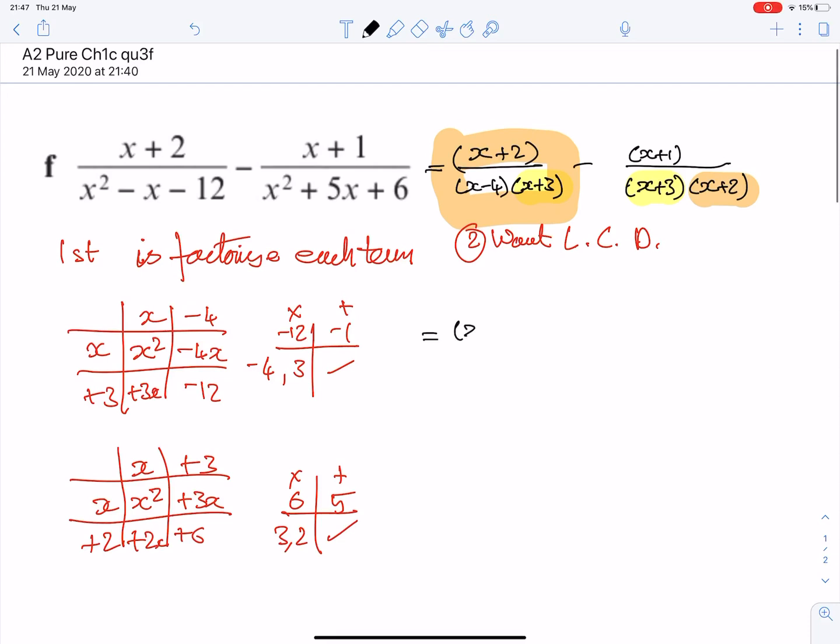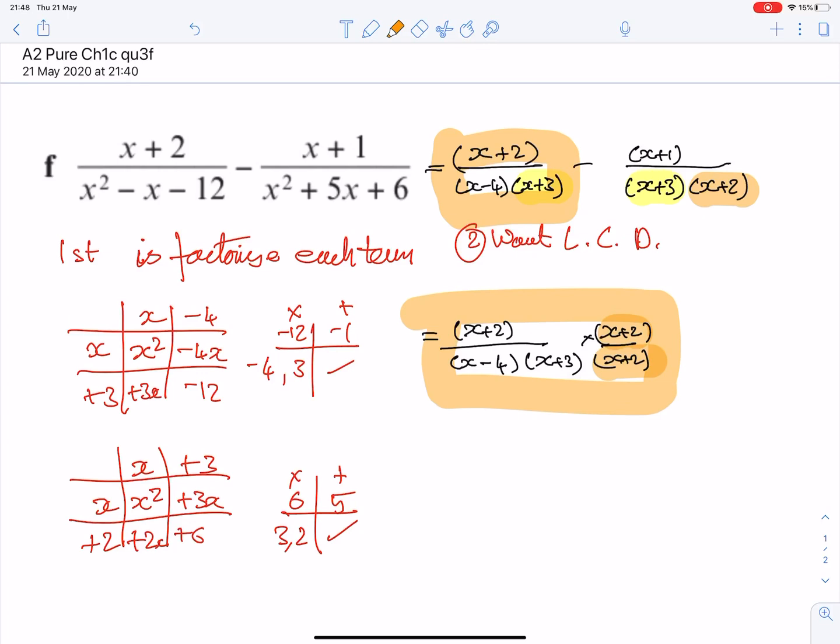So we're going to have x plus 2 over x minus 4, x plus 3, times by x plus 2 over x plus 2. Okay, coming from here. So they're the same.